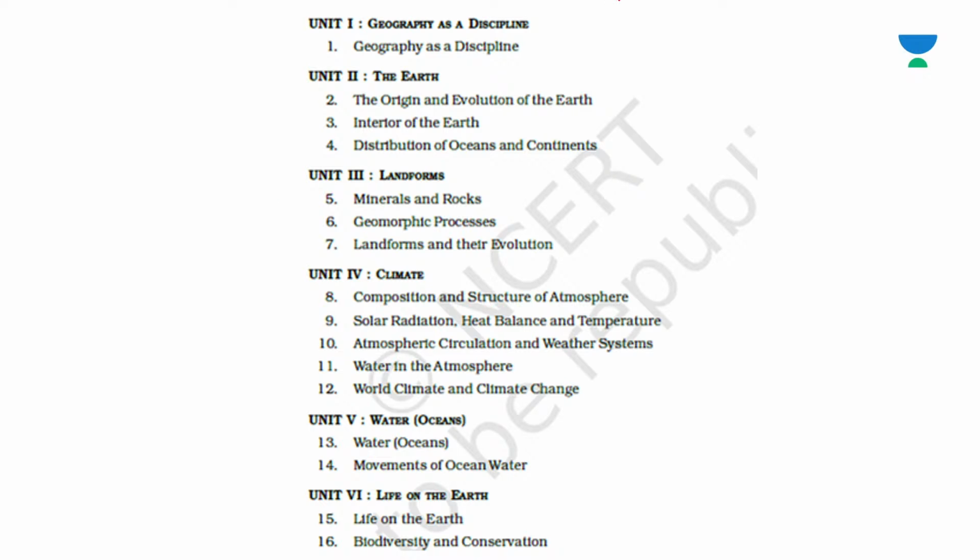So till now we have covered these units and now we are continuing the climate. So let's continue with the atmospheric circulation and weather systems.